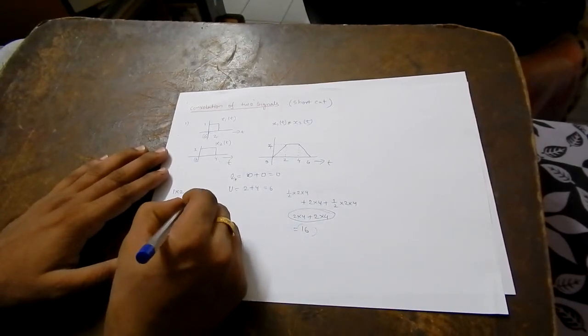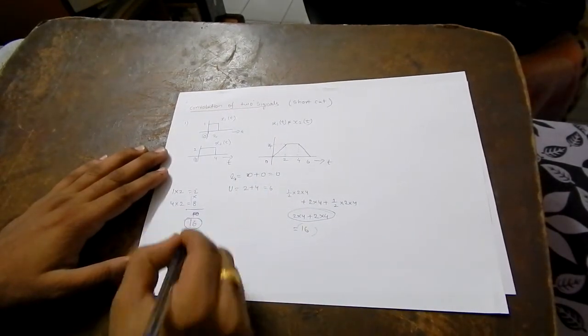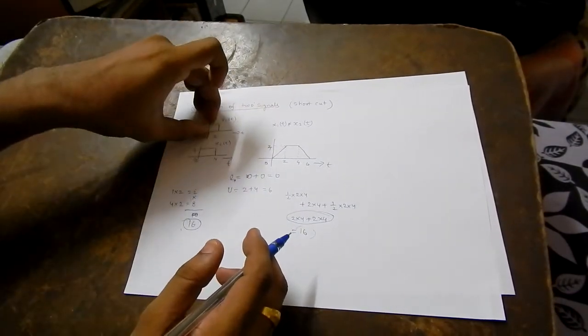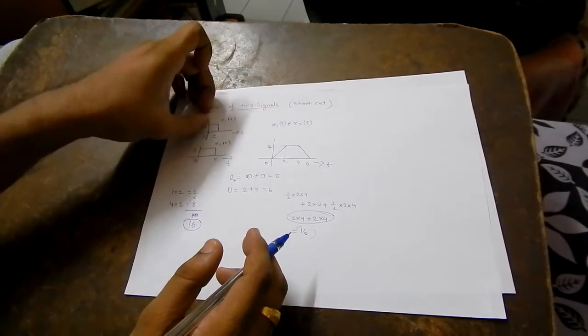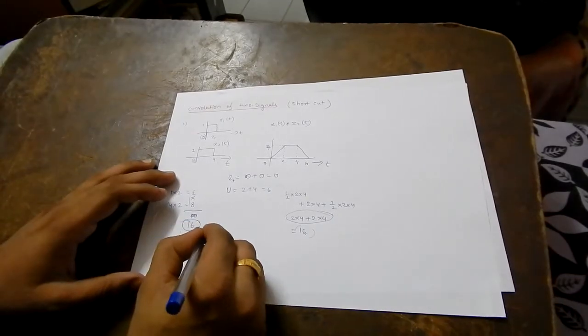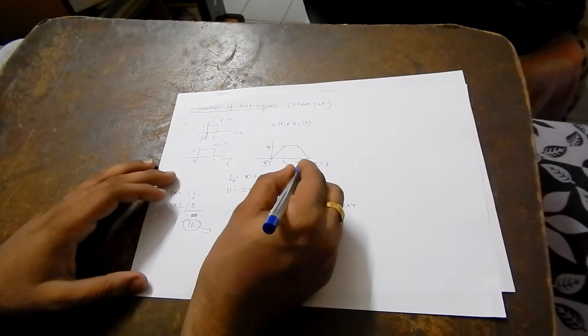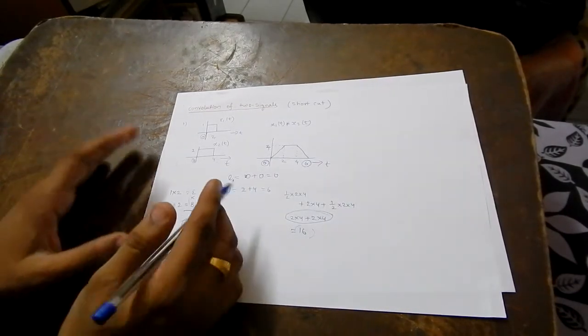Now see here, the multiplication of these two areas is 16, right? So find out this area and find out this area, take the product of the areas, and we get 16. So whichever option has the same area, that is the answer. And also the limit should be 0 to 6. Just cross check it.